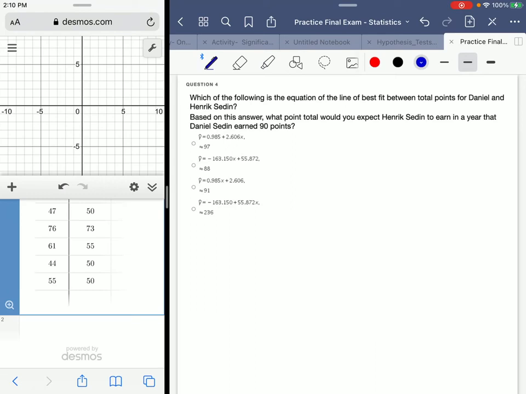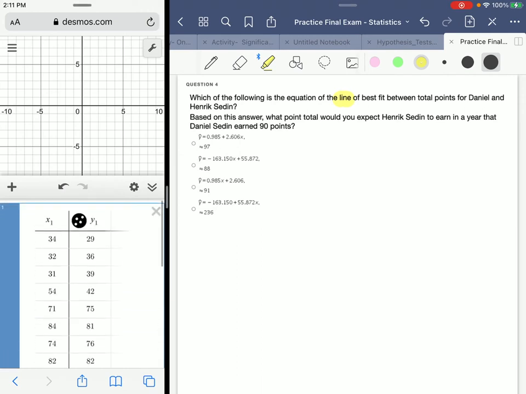For number 4, it says, which of the following is the equation of the line of best fit between total points for Daniel and Henrik Sedin? Based on this answer, what point total would you expect Henrik Sedin to earn in a year that Daniel Sedin earned 90 points? So it's talking about the line of best fit.